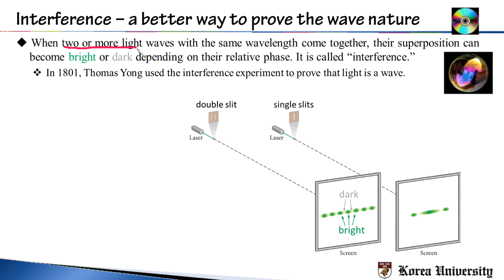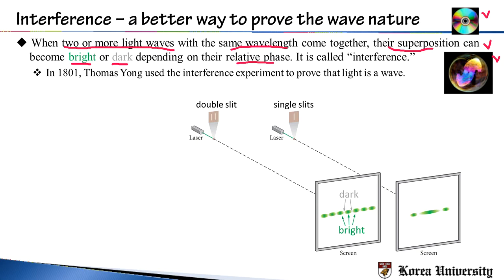When two or more light waves with the same wavelength come together in one place, their superposition can create either bright or dark colors depending on their relative phase. This is how we see these beautiful colors on the surface of a CD-ROM disk or on soap bubbles. We are already quite familiar with this, but the name of this phenomenon is interference.